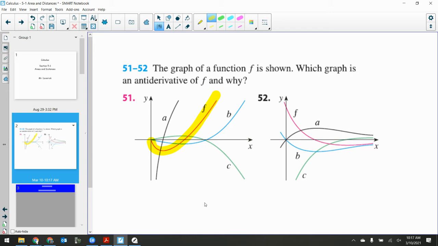So f is the derivative. Now, if the derivative is below the x-axis, what is that telling me about the original function? It decreases. From this point to this point, it's got to be decreasing, right? Because the derivative is below the x-axis. Which is the only one of these?